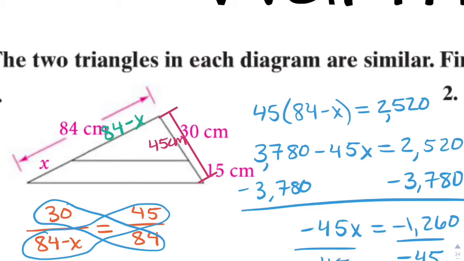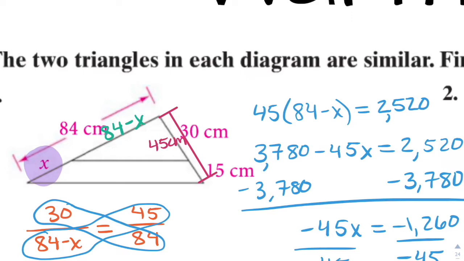I know that the bottom portion of it is x, so it's unknown. So let's say it was 5. Well, what would be left over? 84 take away 5 would be 79. But what if it was 10? So 84 minus 10 is 74.